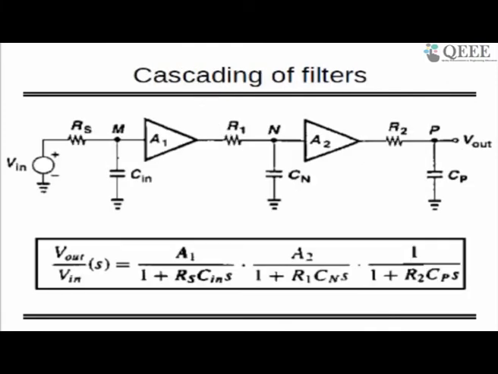With 1 RC system here multiplied by A1, at the output of this one I am going to see A1 by 1 plus R1 C1 times S. And at the output of the next one, I am going to see A1 times A2 divided by 1 plus R1 C1 S multiplied by 1 by 1 plus R2 C2 S. Similarly, you can write down this one also, so all three will be multiplied. This kind of thing is called cascading. So you are cascading 2, 3, you can add as many as you want. It's not a problem, right?